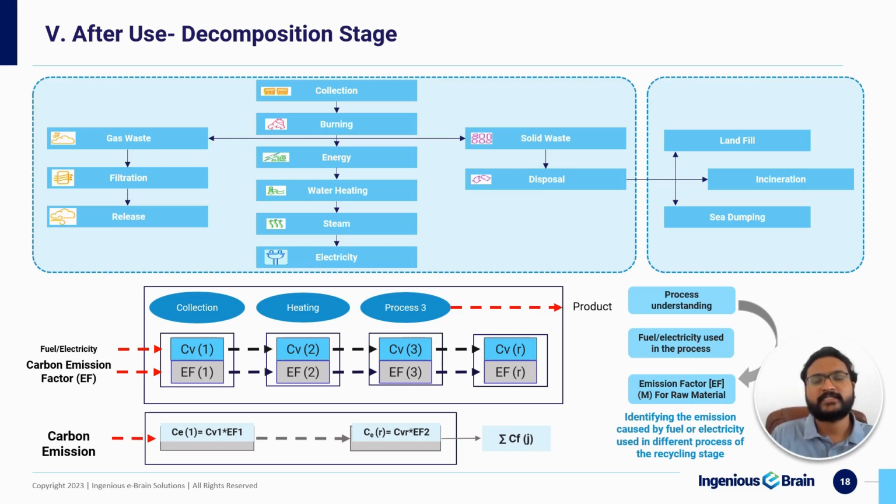But the agenda is to understand all the processes in detail so that we can estimate the necessary energy requirements across these processes, the necessary supporting elements required across these processes, and for all this energy consumption and the supporting elements, what are the carbon emission factors responsible for the carbon footprint equivalent estimation, which need to be considered and counted into the total carbon emission across the decomposition stage.